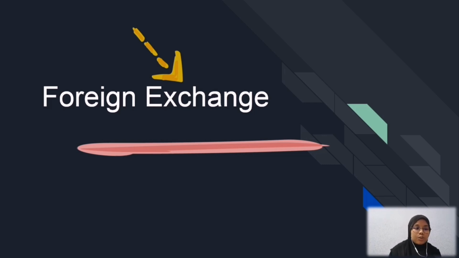In this part I will also brief about the functions of the foreign exchange market, the levels of participants in foreign exchange, the functions of exchange rates, the effective exchange rate, and then foreign exchange risks and the advantages and disadvantages of foreign exchange risk.